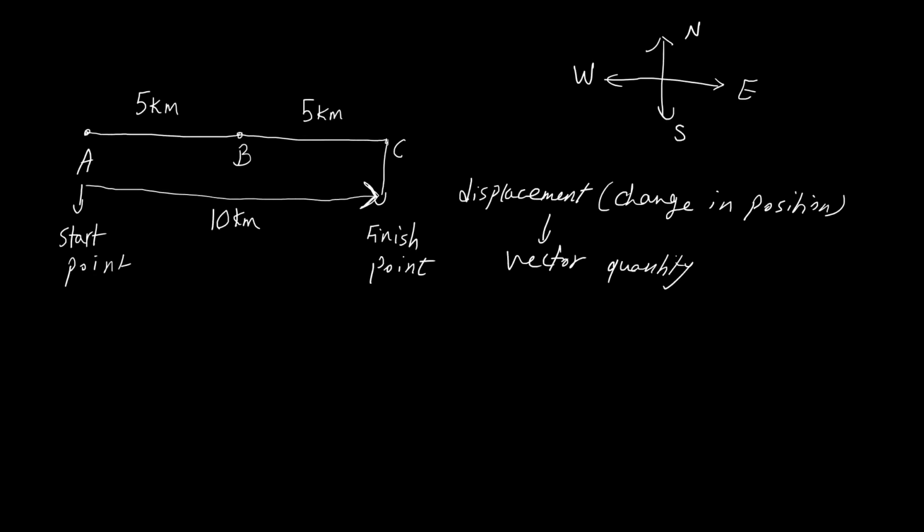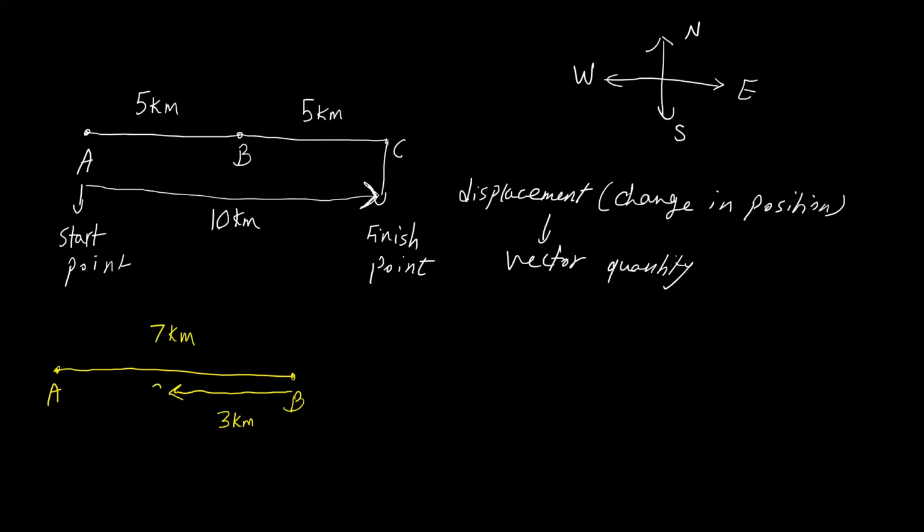So I'm giving you another example. This time I start from point A and I run to point B for 7 kilometers. After that, at point B, I decide to return. So I run for 3 kilometers. Let's say this one is 3 kilometers.